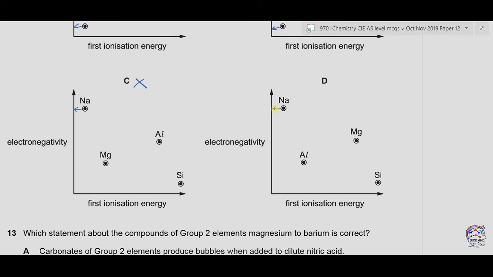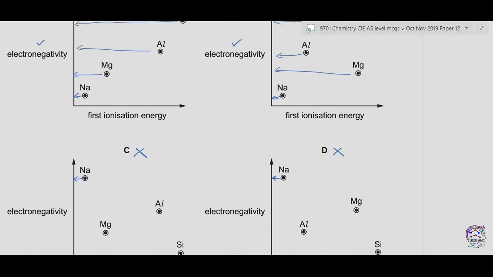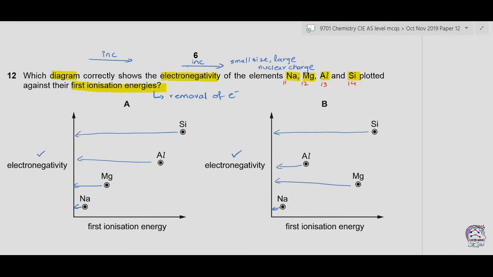In D, again sodium is made more electronegative, so it is incorrect. So let's find the correct option in A and B. The only difference in A and B is the ionization energy of magnesium and aluminum. Let's find out which is the correct one.